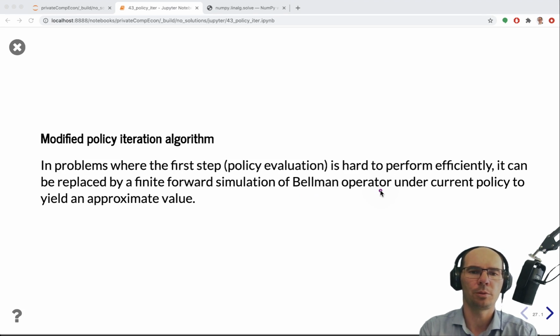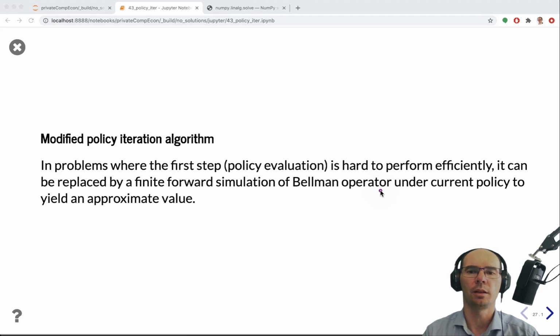Why would you do that? Well, that's essentially in situations where you cannot efficiently solve the simplified Bellman as a system of linear equations. Then you might want to apply the Bellman operator with a fixed policy several times to update the values.